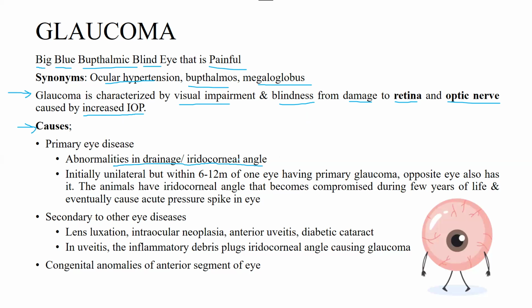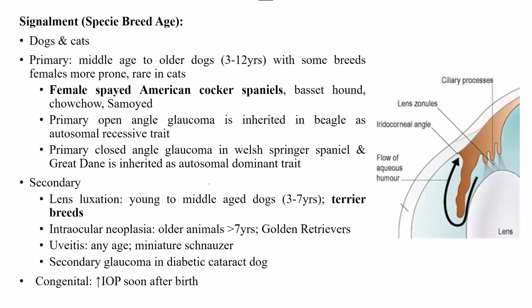Let me show you what the iridocorneal angle is. You see this black arrow. Basically, this is the iridocorneal angle, and what happens in the eye is there is constantly an influx of fluid and a constant outflux of fluid. The fluid that comes into the eye goes out of the eye through this iridocorneal angle.